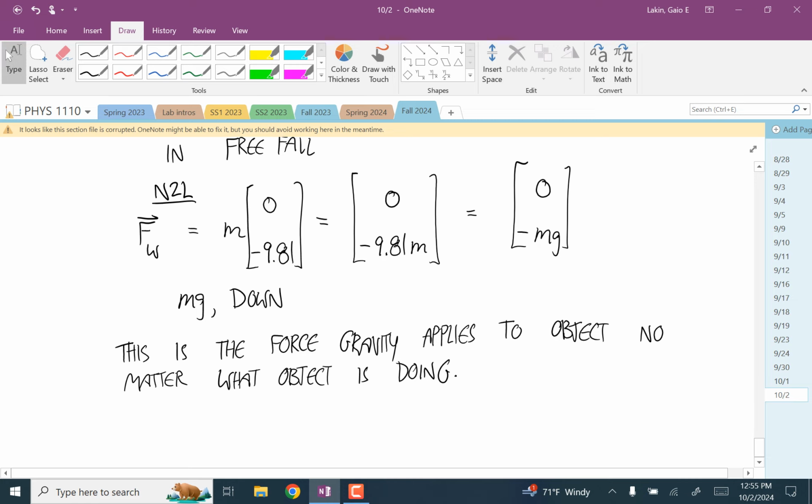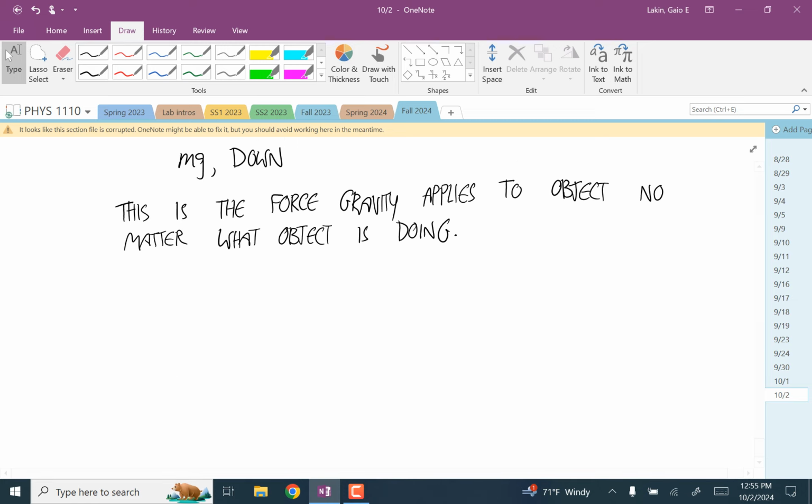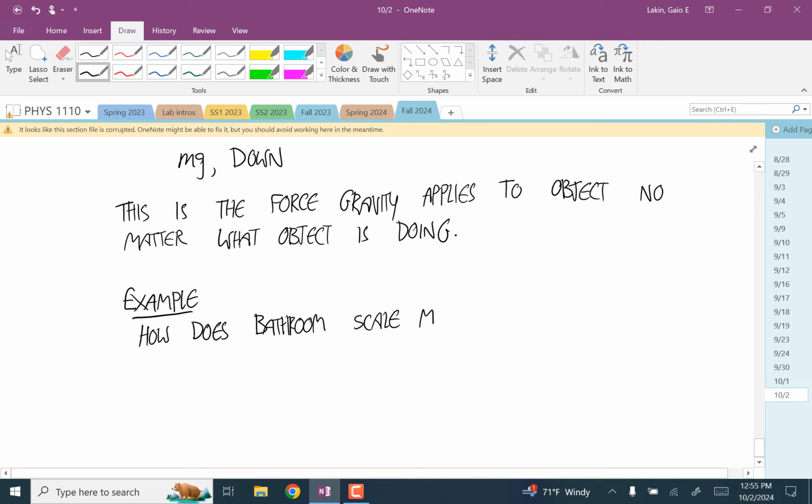So now that we've figured this out, let's think about what happens when you stand on a bathroom scale. Like, how does a bathroom scale measure your weight? So let's do this as an example problem. How does a bathroom scale measure weight?